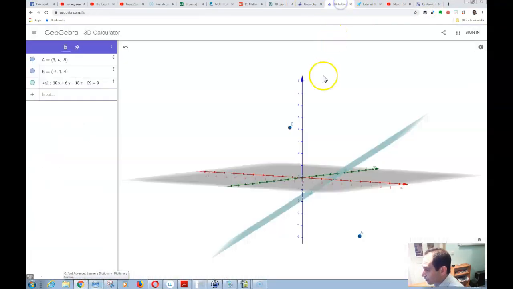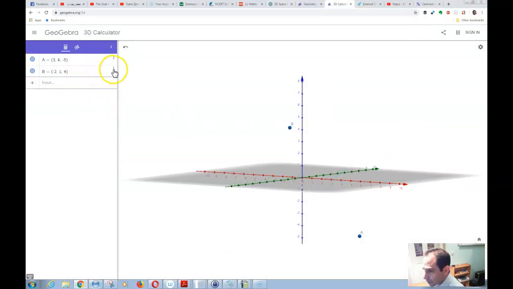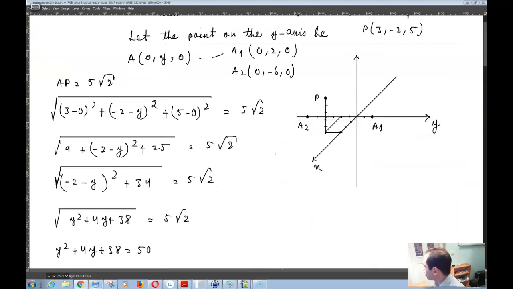Over here, the point P was 3, comma, negative 2, comma, 5, and the other 2 points are 0, comma, 2, comma, 0, and 0, comma, negative 6, comma, 0.